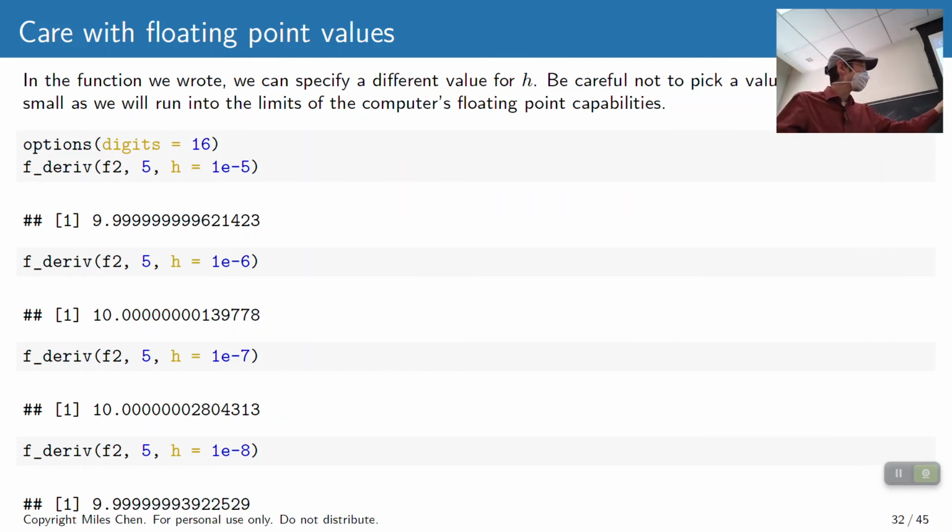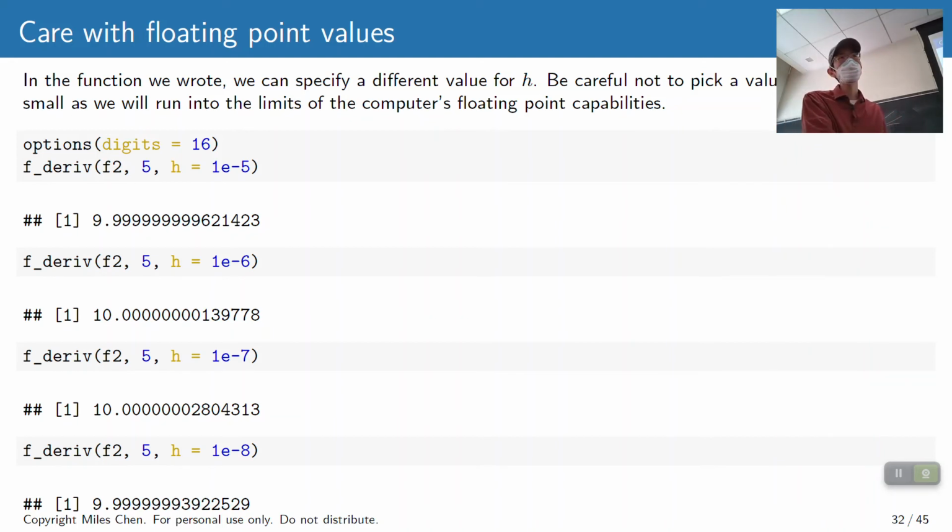And so when we do something like 10 to the negative 7 or 10 to the negative 8, we're running into this issue of catastrophic cancellation, where the values themselves are just a little bit off from the real thing. But when you're trying to calculate the difference between two things, because the relative difference is so small, it gets kind of wiped out, right?